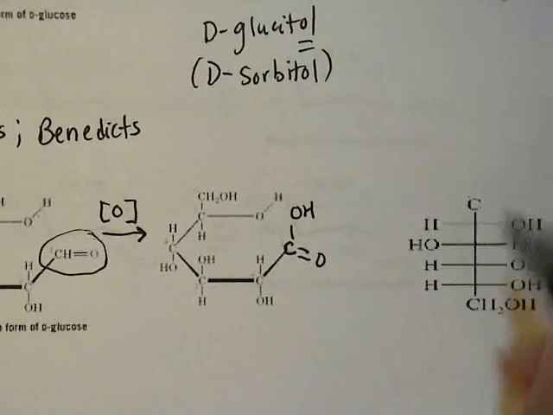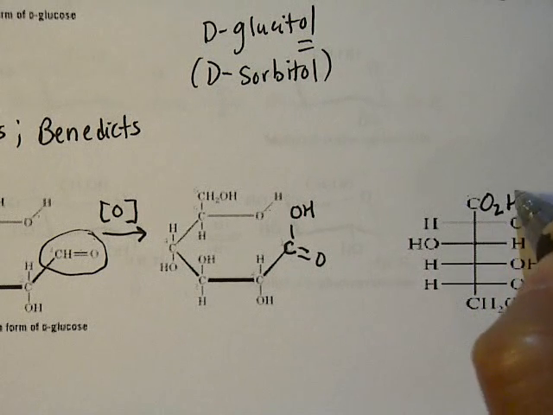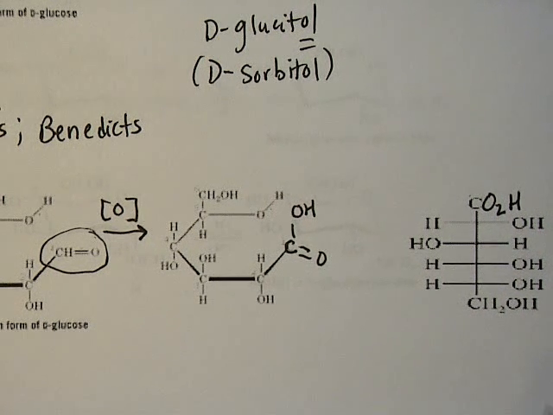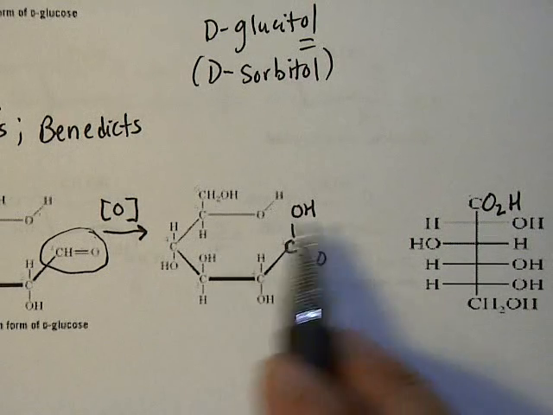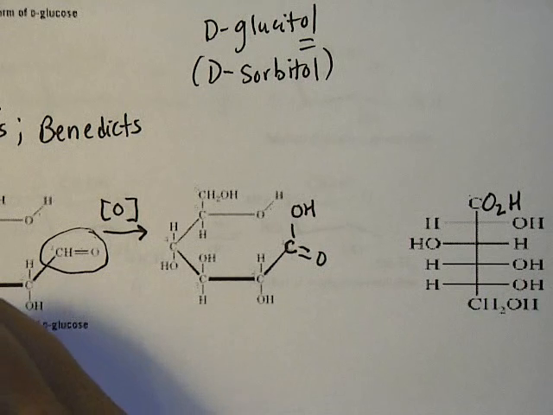If you draw it in this form, it's going to be CO2H at the top. All right, these types of sugars that are able to be oxidized are called reducing sugars.